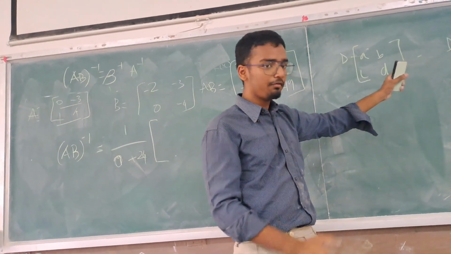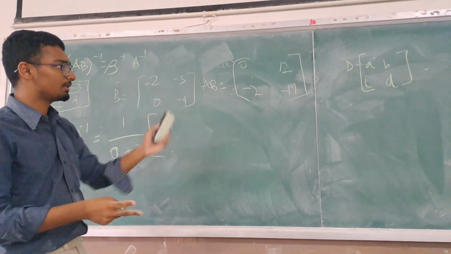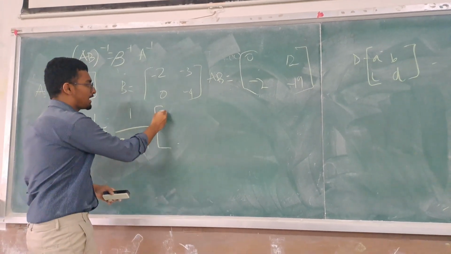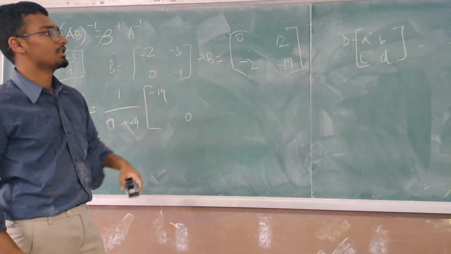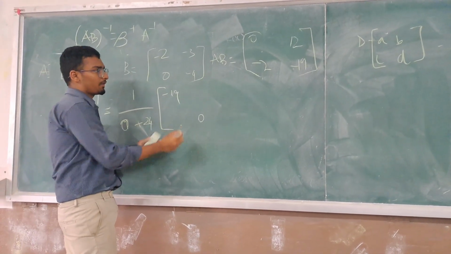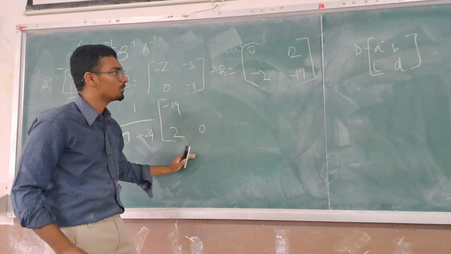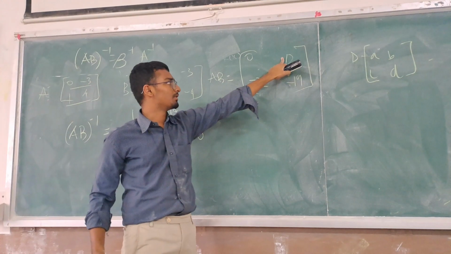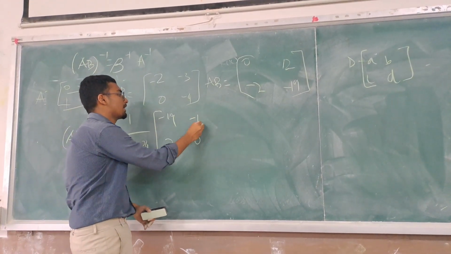In the inverse formula, the diagonal elements get interchanged in position, minus 19 and 0. The other diagonal only has its sign changed: before it represented minus 2, so we give 2, and this plus 12 will become negative 12.